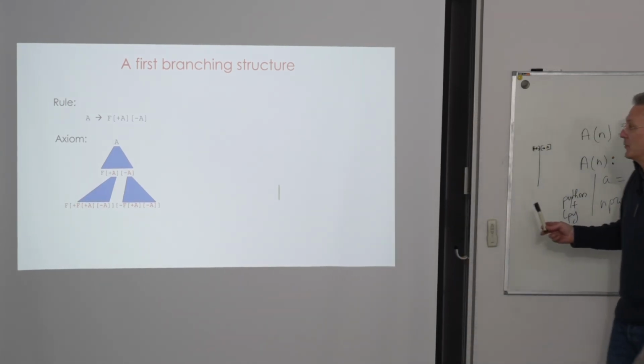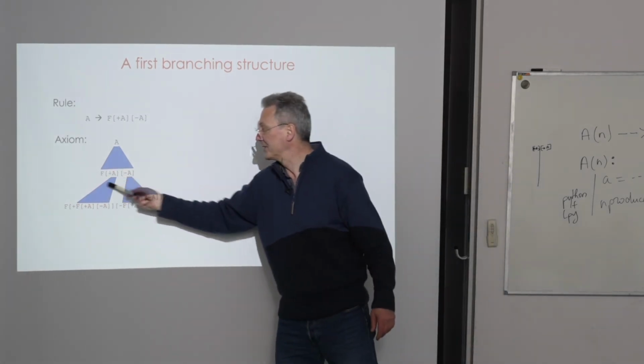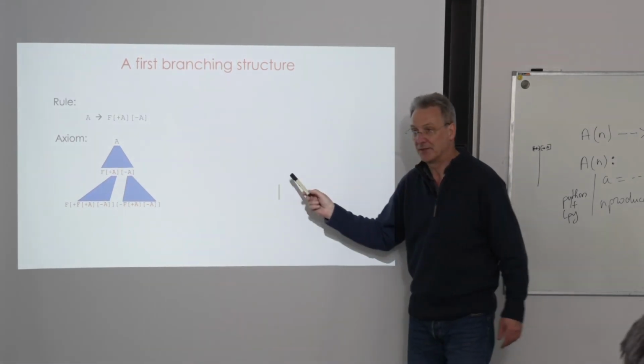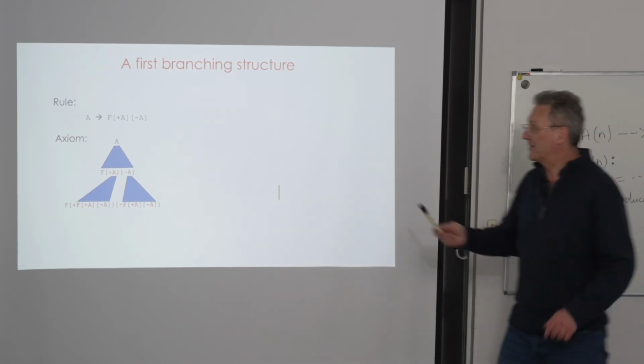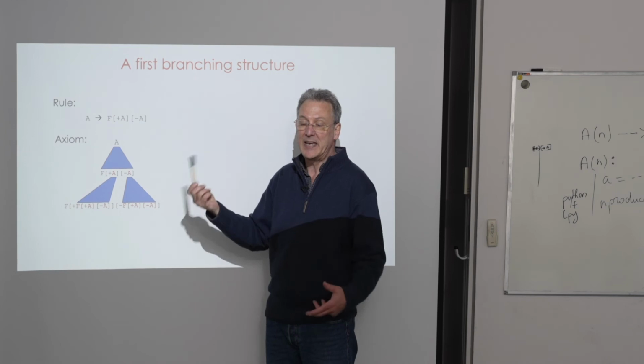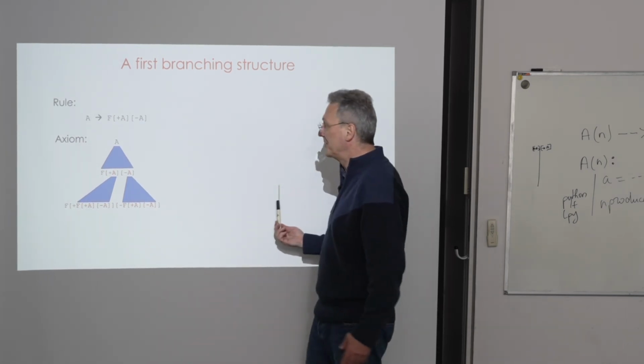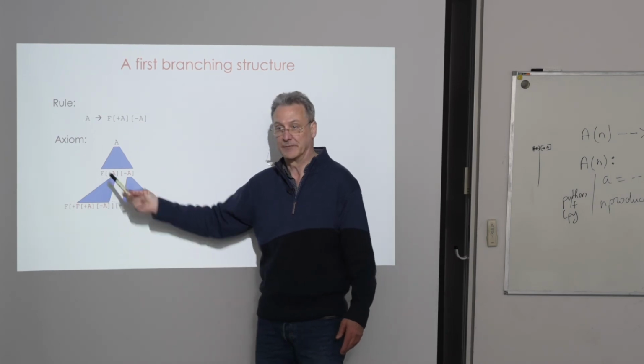In the beginning, after the first derivation, this part will be interpreted as this. For the turtle, A doesn't mean anything, so it doesn't interpret it. So what we only see is the F here.